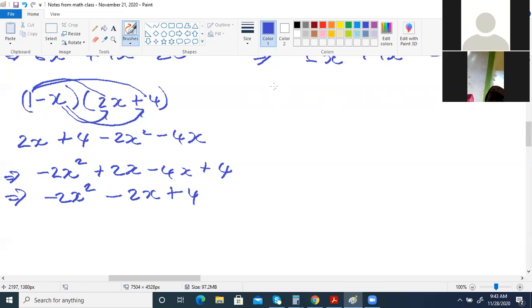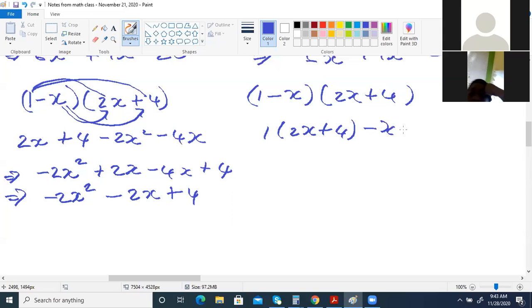And if I were to do it the longer way, I write it back. So as I said before, okay, 1 times everything here. So that's a 1 times the bracket, and then the next one is minus x times everything again. And then this becomes simple, just rewrite it.